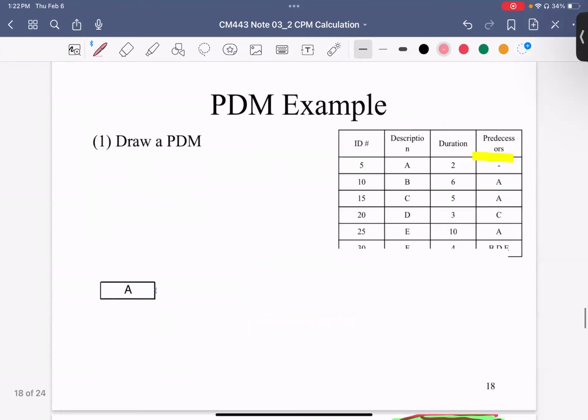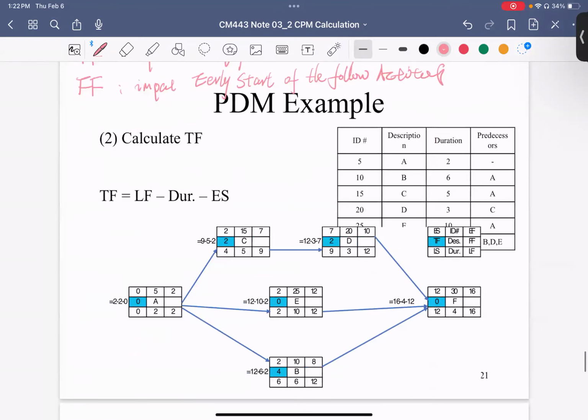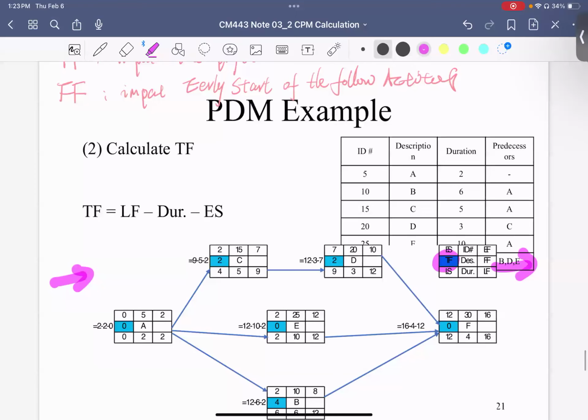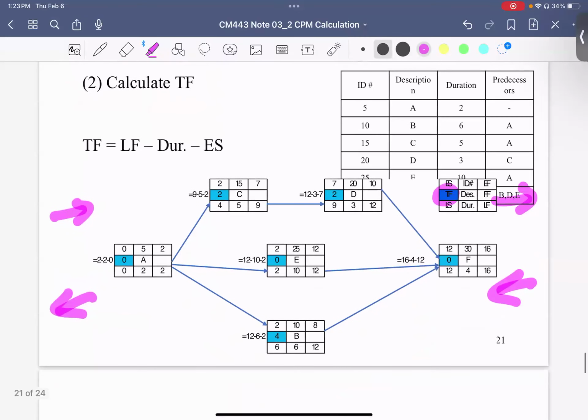Let's take a look at the examples. For the total float, which is this box over here, it doesn't matter whether you go from left to right or right to left. You can start anywhere, just make sure you finish all of them.